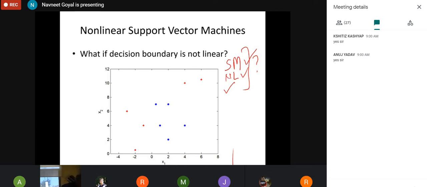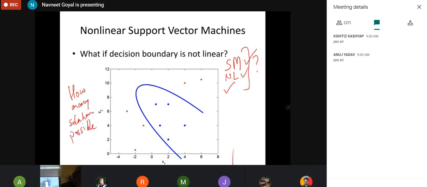In the case of nonlinear SVM, as you can see here, this is the curve that I'm getting. And again, how many such solutions are possible? Infinite. That's correct, because I can have different shapes. I can have a shape like this, or like this, or like this.